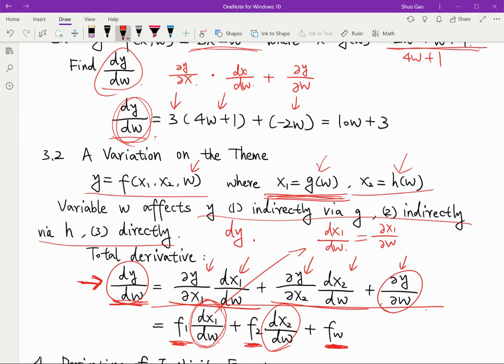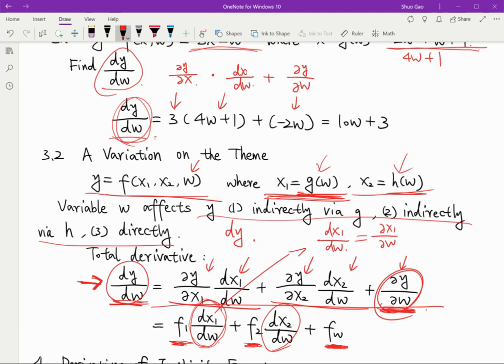And then the third one is fw. And pay attention that when we calculate the partial y over partial w, it's not a total derivative. So don't plug the g function and h function into the f function and then calculate the partial derivative with respect to w, right? Because this is a partial derivative, not a total derivative. When we calculate partial y over partial w, we just consider x1 and x2 as constants.